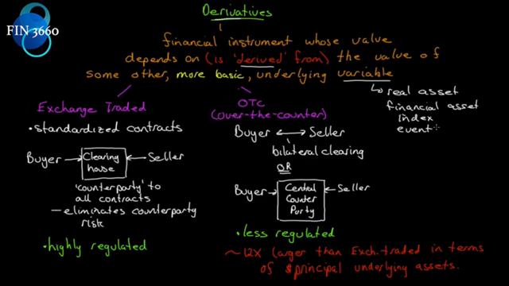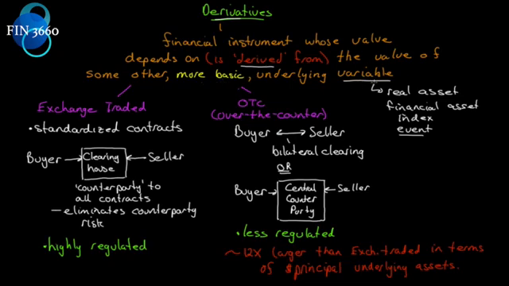That cat bonds will pay off except in the event of a catastrophe. So if a catastrophe happens, then obviously it doesn't. So that's why it's called an underlying variable as opposed to an underlying asset, because the underlying doesn't necessarily need to be an asset. An event is not an asset. So let's be very clear about the definition of a derivative to be inclusive. It is derived from the value of some other more basic underlying variable.